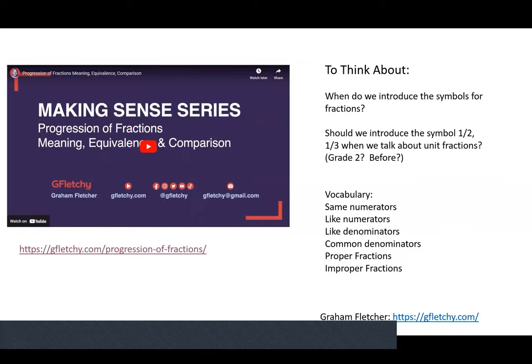And also with the vocabulary, do we say same numerators, like denominators, common denominators, proper fractions, improper fractions? The reason I bring that up, that one is mine, because when I do my teaching, with these junior highs, I'm finding that as I said, I am very aware now. So whether we say same numerator or like numerator, you can say both.